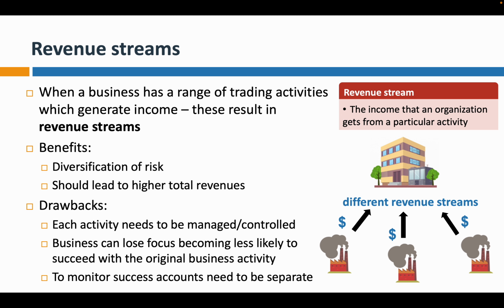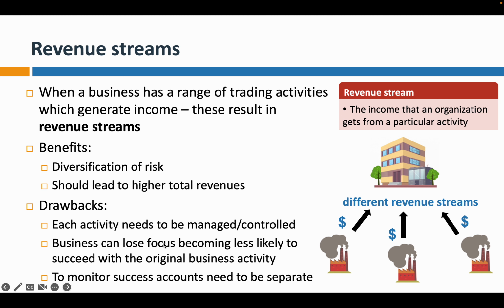However, everything has its drawbacks. Once you have more revenue streams, obviously you're going to need to invest more time and effort into managing and controlling each activity. And the fact that each activity needs to be managed and controlled can lead to the business losing focus.